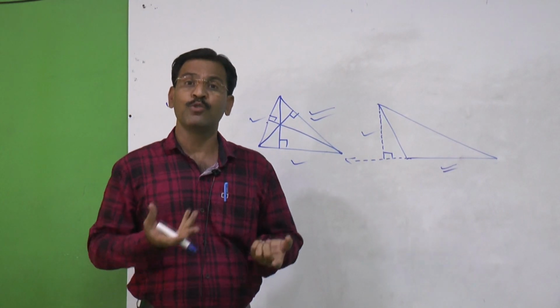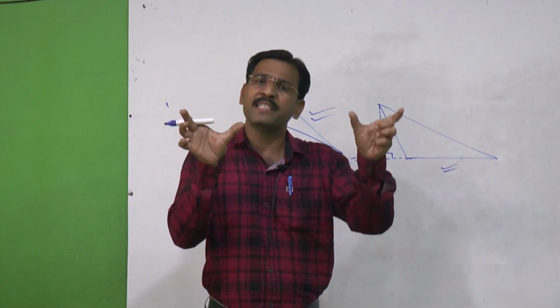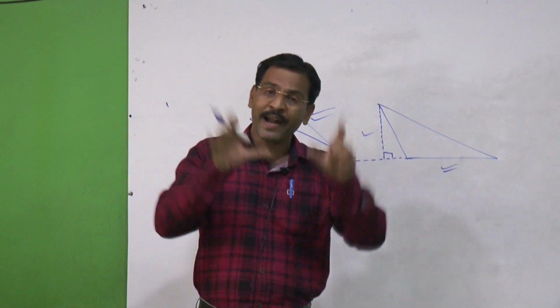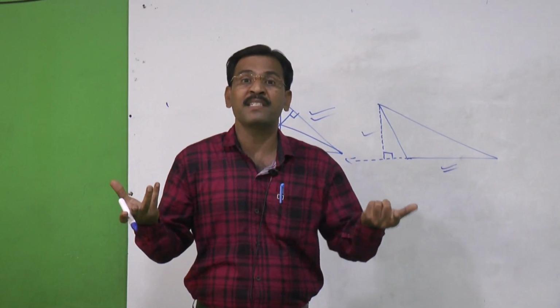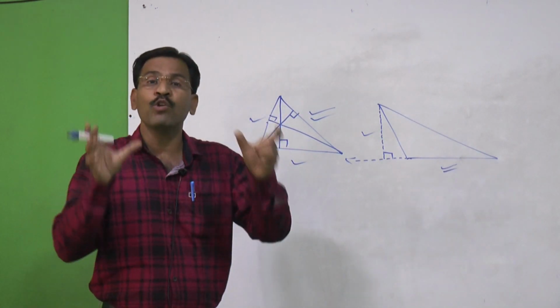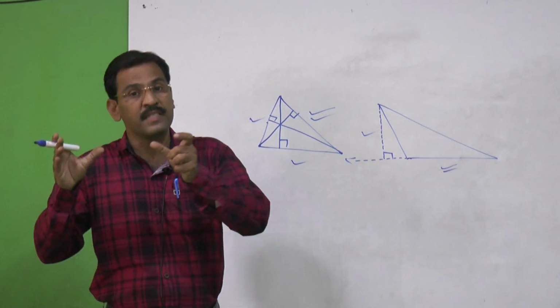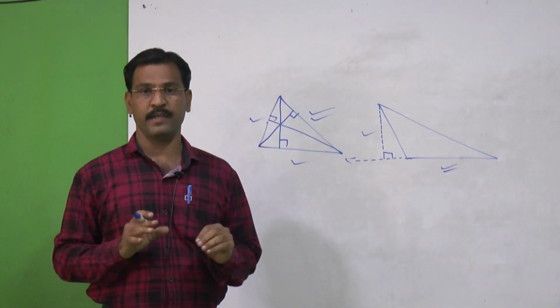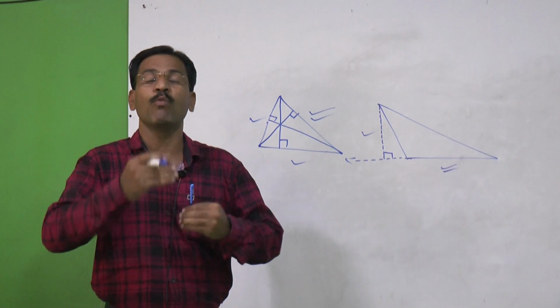Second, they have the same bases but different heights. Third, if they have the same heights, then their bases may be different. Sometimes both triangles have the same bases and the same heights. Like this, there are four possibilities.